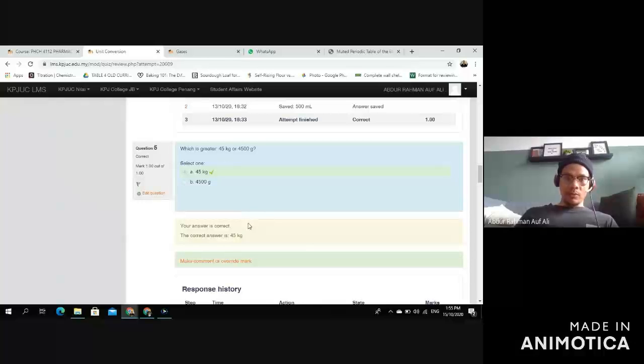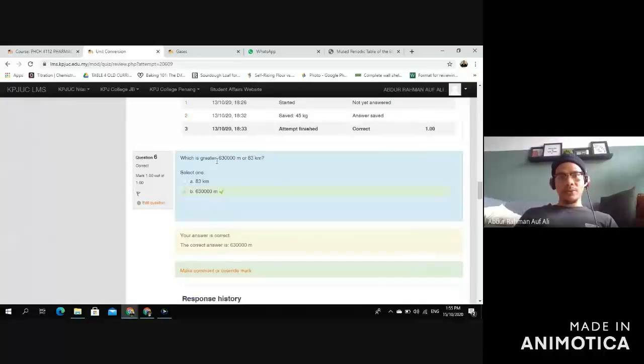Just remember 1 kilogram equals 1000 gram. If I choose to convert 4500 to kilograms, I divide this by 1000, I will get 4.5 kilo. So 45 kilograms is greater than 4.5. So the answer is A.